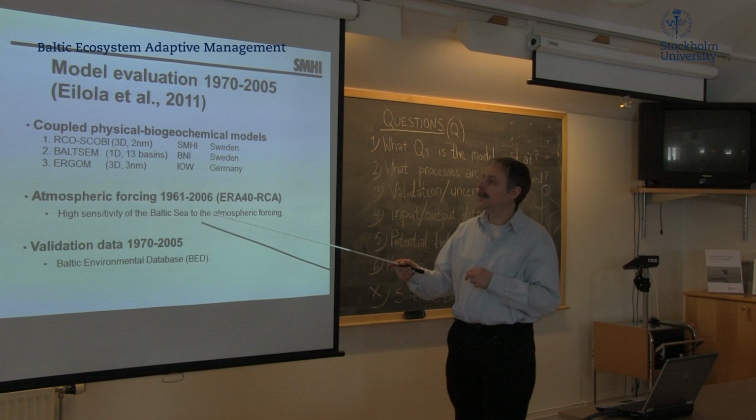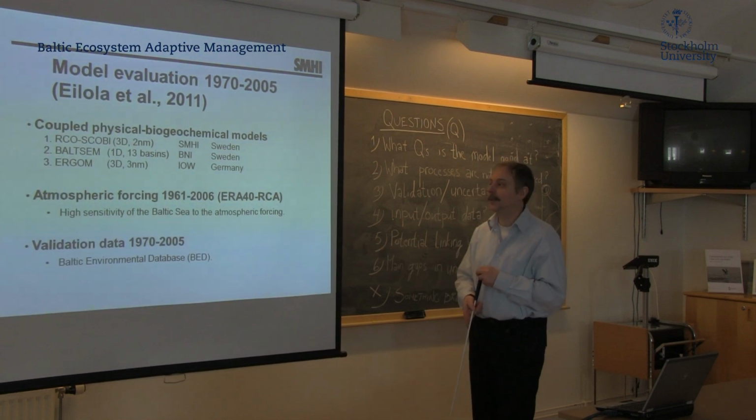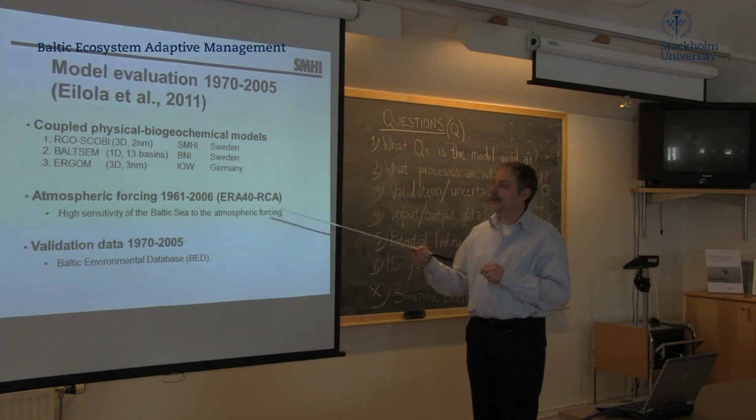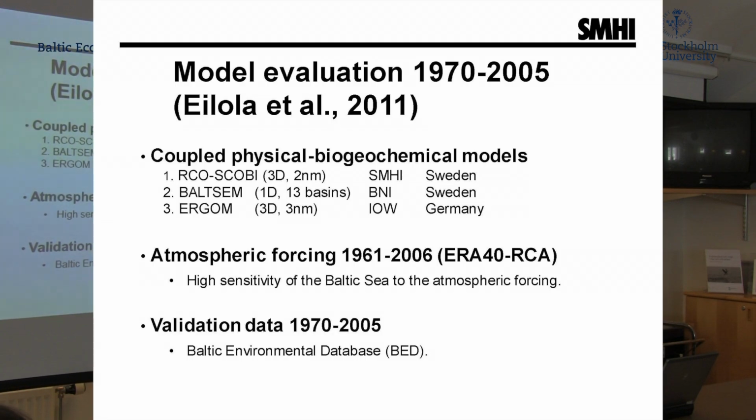reproduce the period of, say, 30-40 years of present climate variability. So then we use the perfect forcing, and the perfect forcing does not exist, but what one can do from atmospheric science is to use an atmospheric model and assimilate all the available observations from the atmosphere into that model.